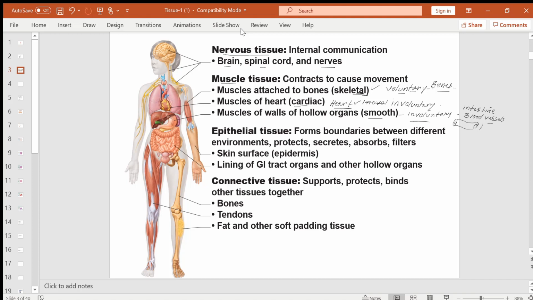Wall of the hollow organs. Hollow organs, for example, stomach. So if you see the wall of the stomach, you have the smooth muscle. Okay.